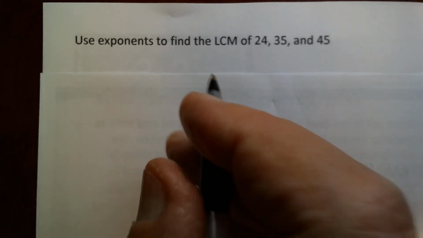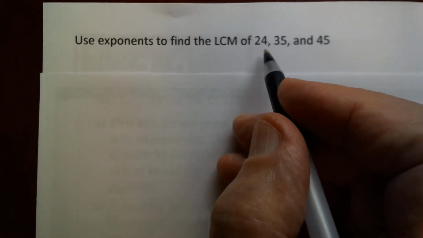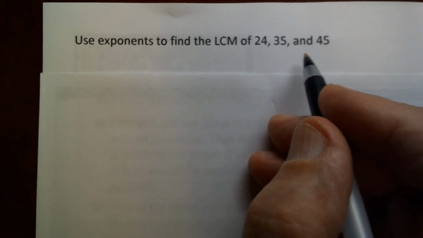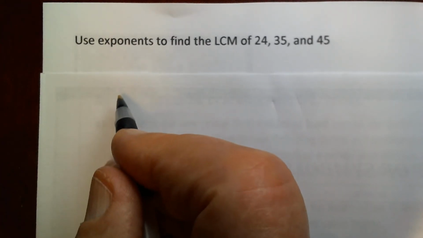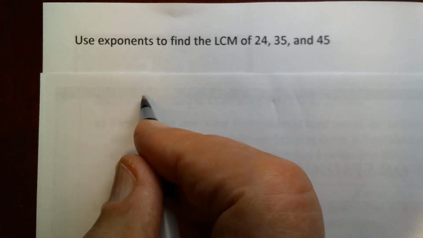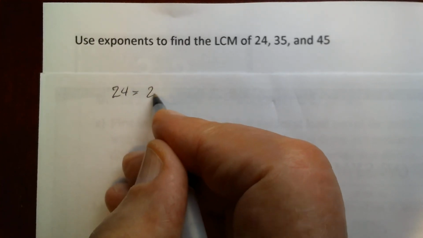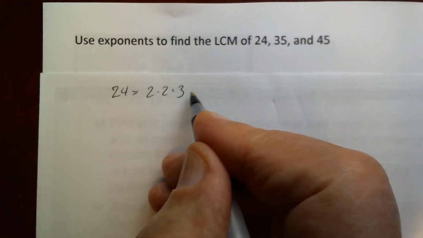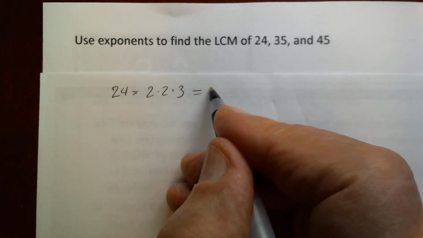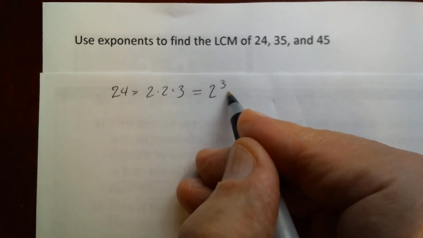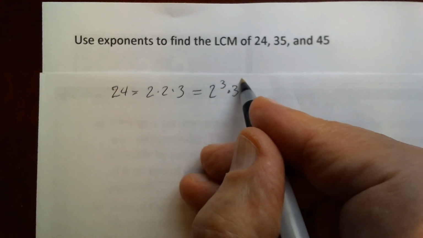In the next exercise, we are asked to find the LCM of 24, 35, and 45 using exponents. So here's the idea. When we write the prime factorization of 24, it is equal to 2 times 2 times 2 times 3. And if we use exponents, it would be 2 to the third times 3 to the first power.